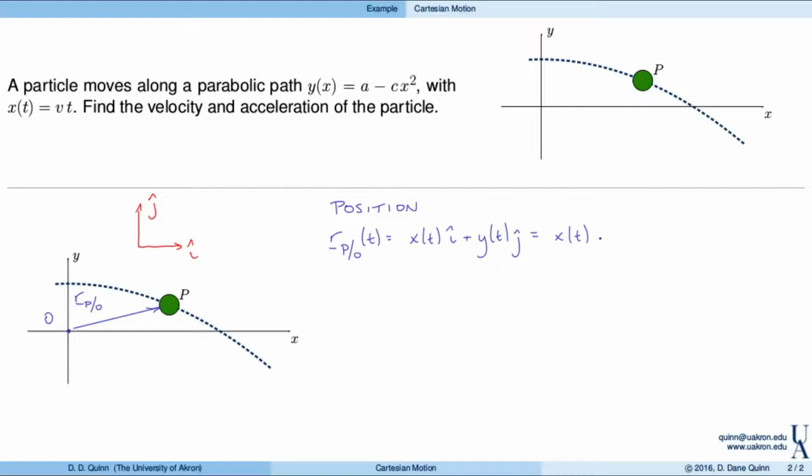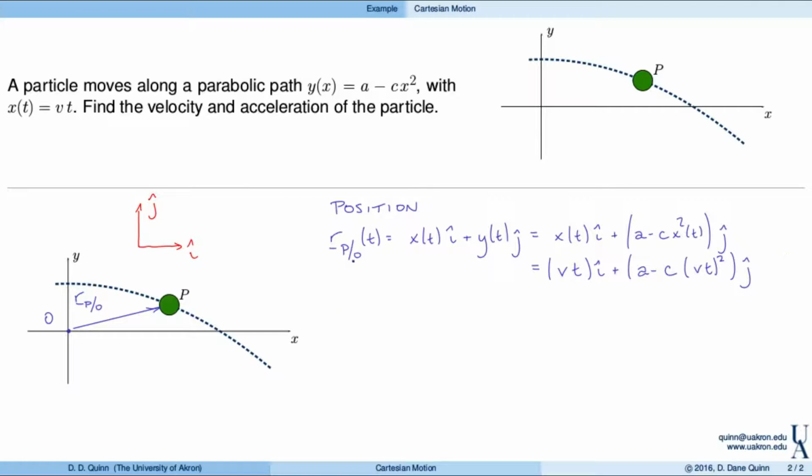So the position is x in the i direction plus a minus cx squared in the j direction. And finally, making use of the fact that x is given as a function of time, this position vector can be written as vt in the i direction plus a minus c(vt) squared in the j direction.